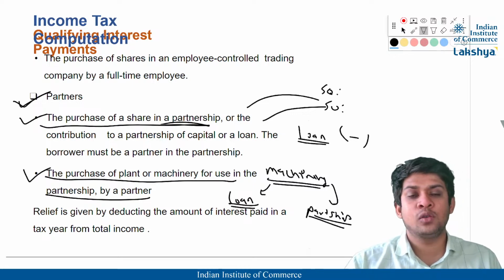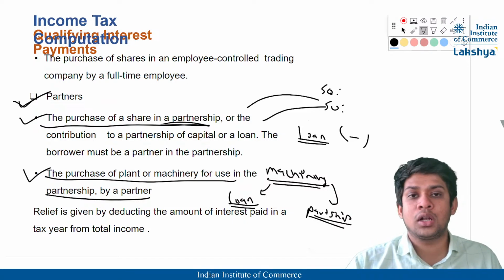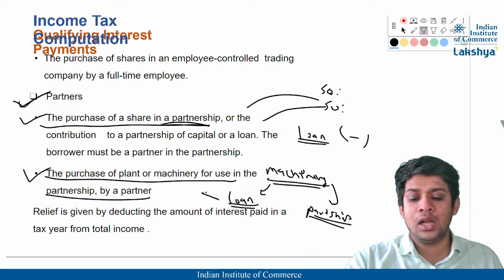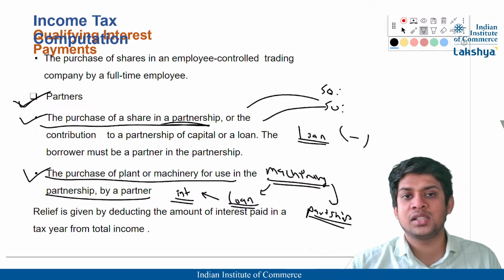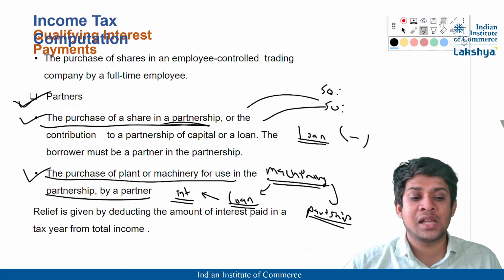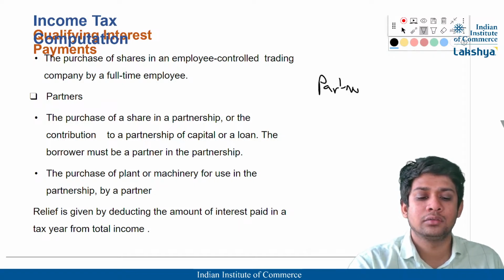In the partnership firm, he uses it for the manufacturing activities of the firm probably. Okay. So he bought a machinery on loan. So whatever interest that he is paying on that loan, that is also going to be considered as a qualifying interest payment, and that can be deducted as a relief from his net income. Always remember, guys, in a partnership firm, the firm itself is different.